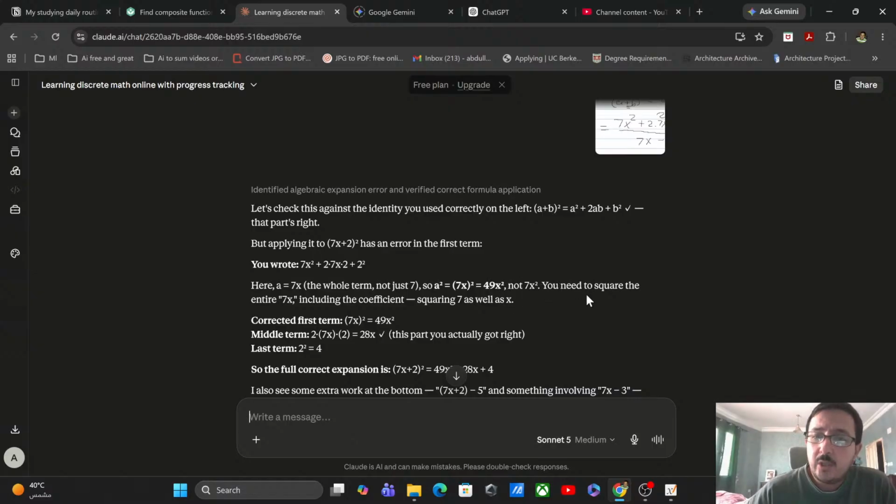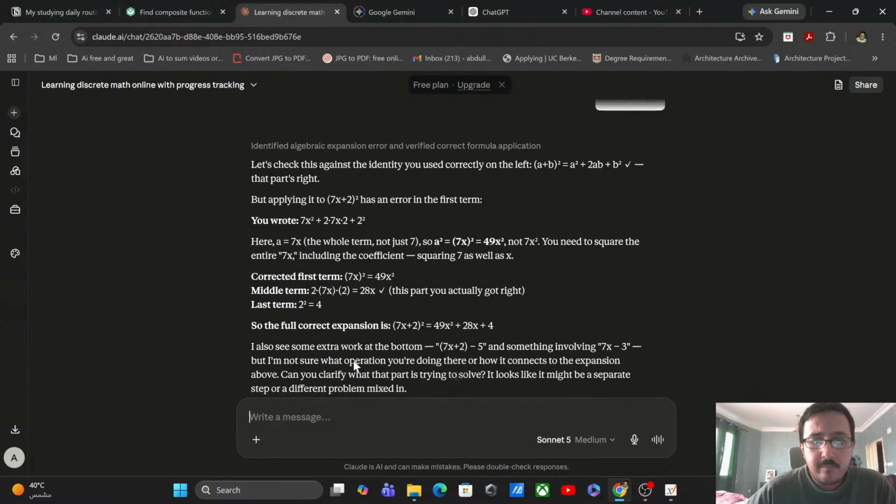We need to square the entire term, including the coefficient. Square the 7 as well as the x. So 49x squared.